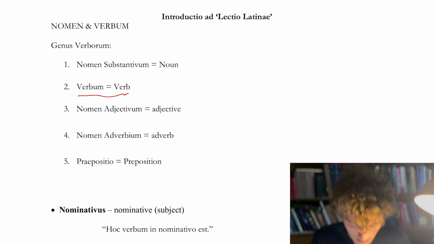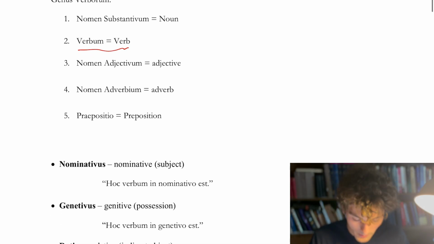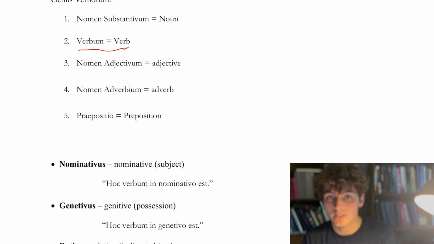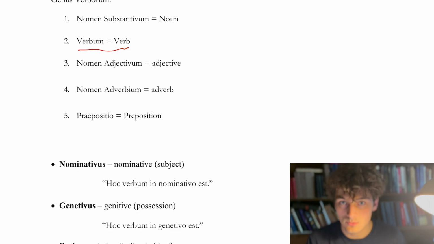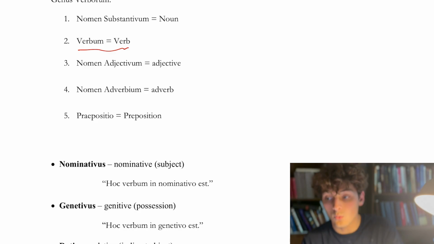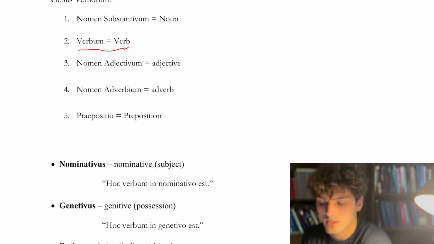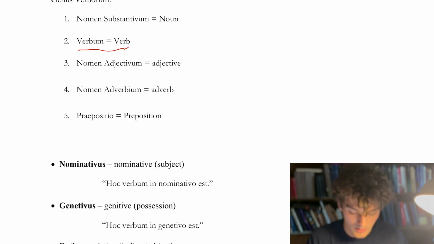Nomen substantivum. Now, we also have nomen adjectivum, which is in the very word itself, the word adjective, right? We know this is a description word, so things that communicate qualities, like the white water bottle, the white pen, the beautiful tree, the beautiful mug.